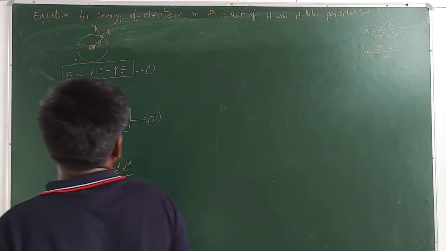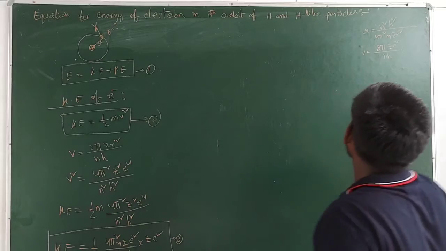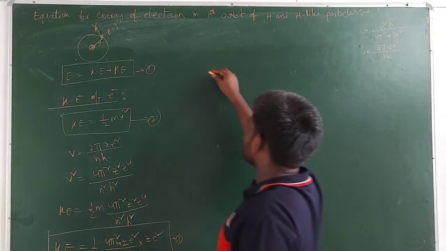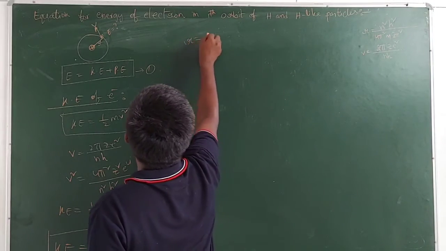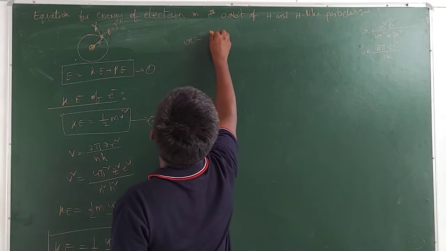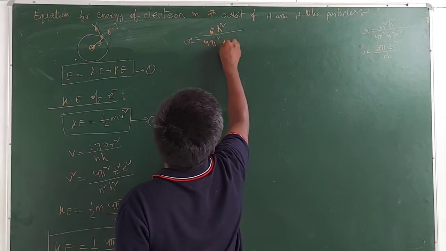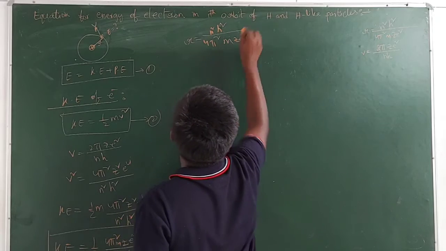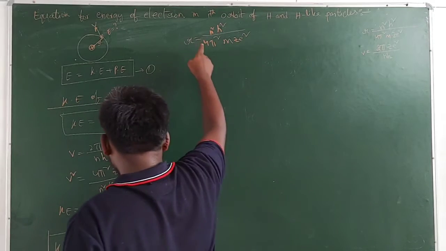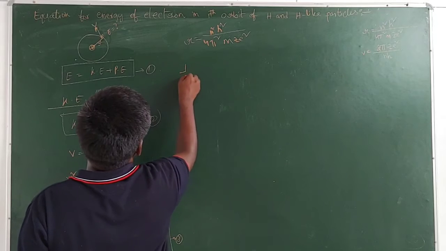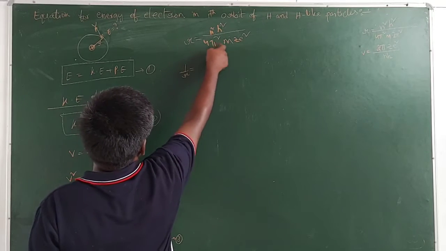Now you consider the radius of this orbit. This is the equation for the radius of the orbit. So r is equal to n square h square by 4 pi square m into ze square. Now take 1 by r. If you take 1 by r, then it will be reversed.